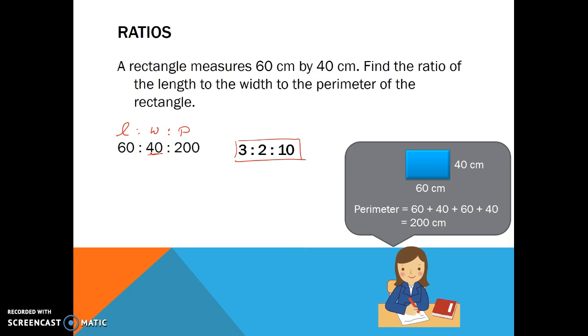And I can just see right off the bat, 60 is divisible by 20, and so is 200. So if I divide all 3 of those by 20, then I would get 3 to 2 to 10. And that is my ratio in its simplest form.